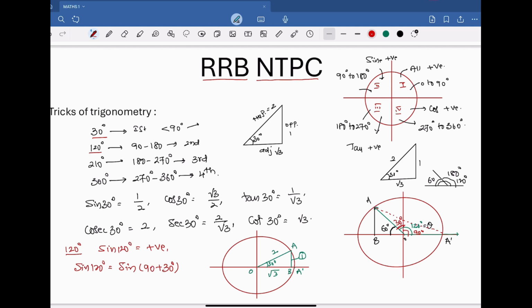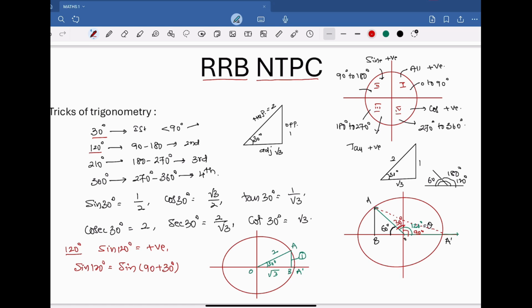Can we write it that way? Please think over. Sin 90 plus 30 is equal to sin 120.